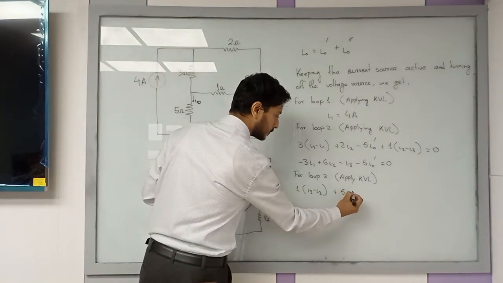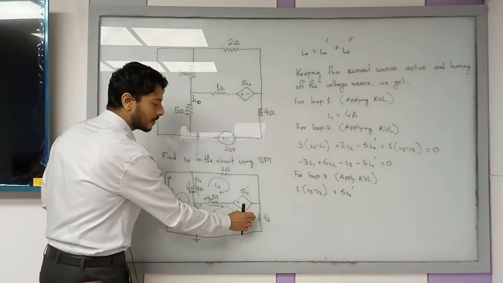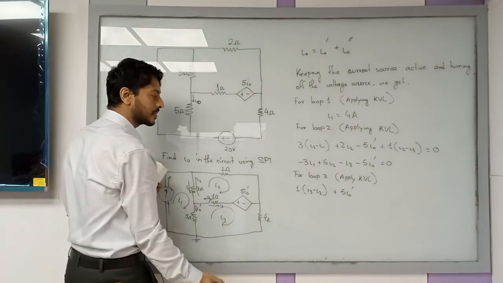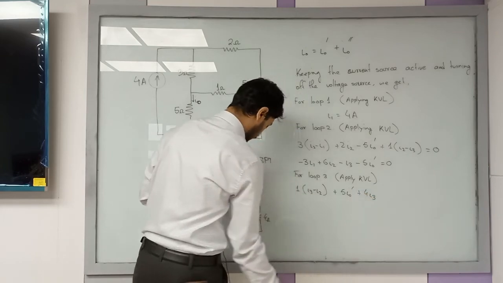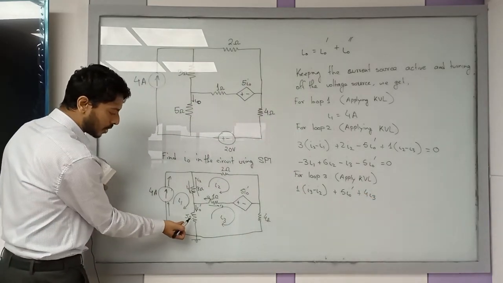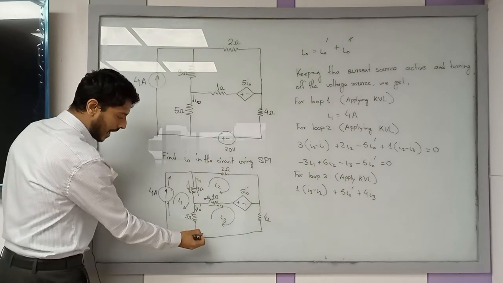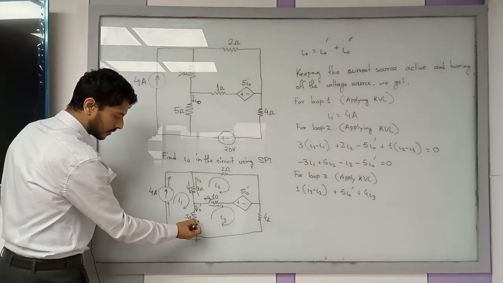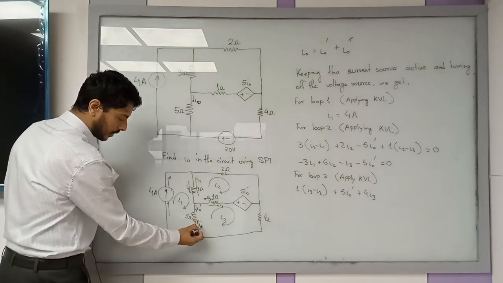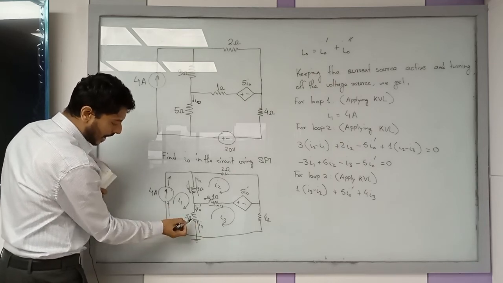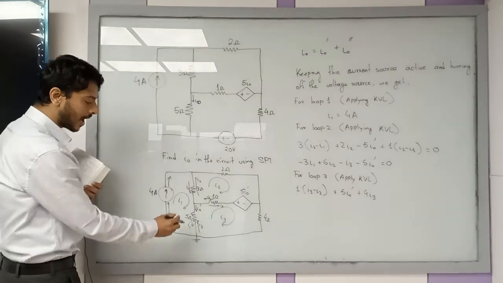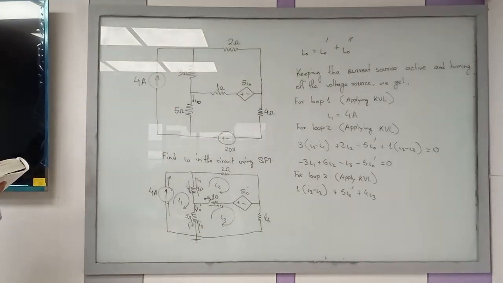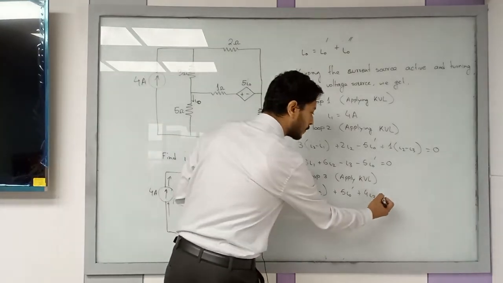I naught prime. And then you have the 4 ohm, so 4 I3 times 4. There is one more resistor over here. I3 is going in this direction, and you have I1 flowing in this direction. I3 is bigger than I1, so I3 minus I1 times 5 should be the voltage drop.